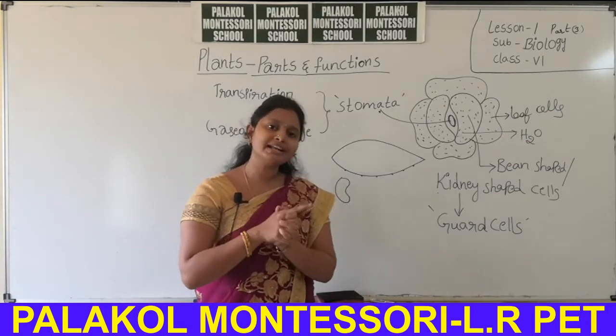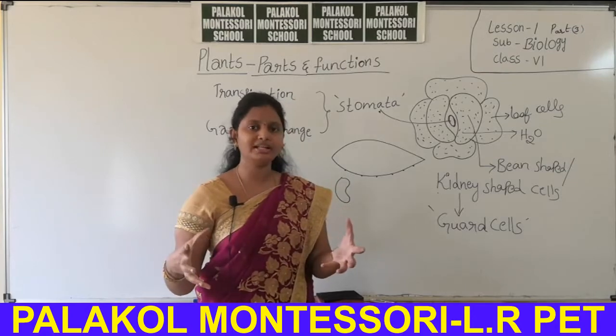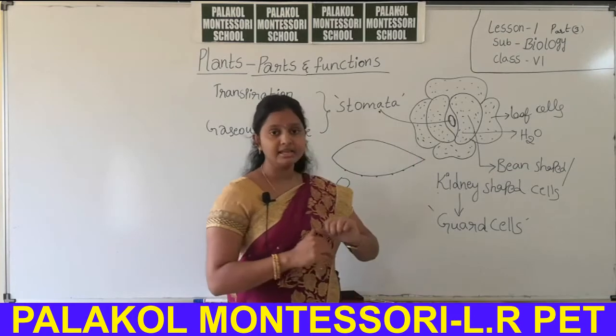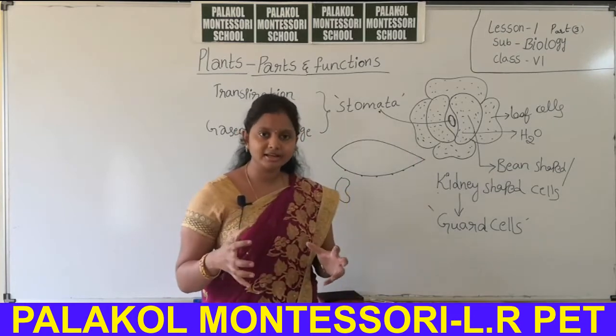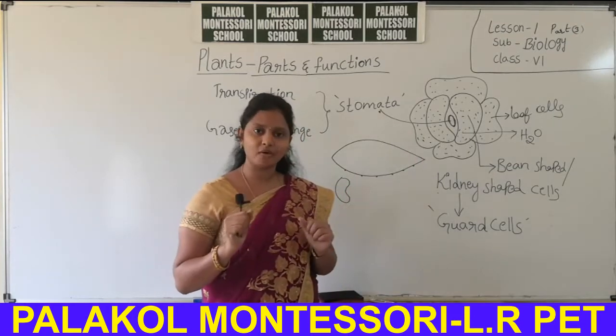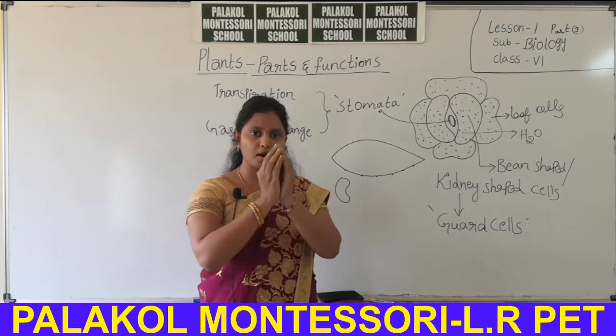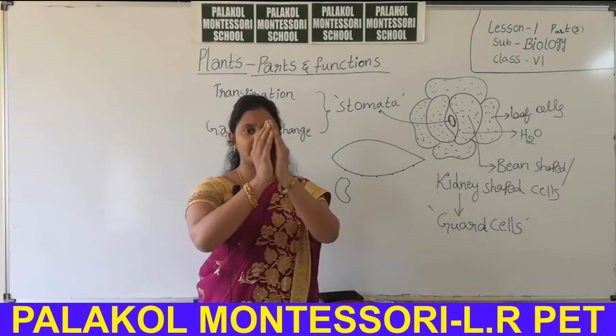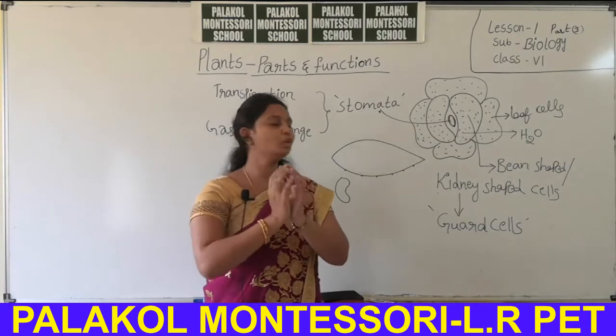If the water is excess in the plant body, the water comes to the guard cells. Due to the presence of water, the guard cells become swollen like a balloon.